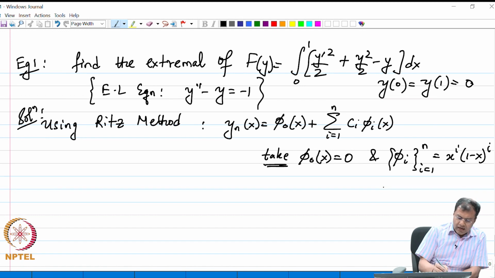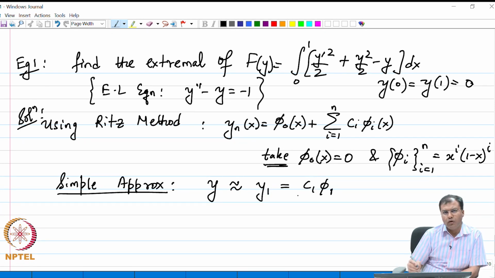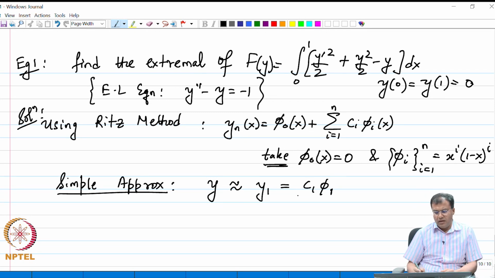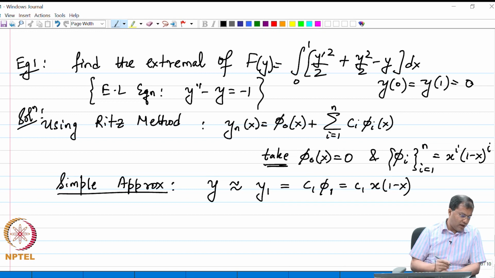So, let us look at a simple approximation. We are going to approximate y with y1, which is equal to C1 times phi 1. There is just one unknown to be found, which is C1, and y1 is equal to C1 times x times 1 minus x, by plugging in i equal to 1.